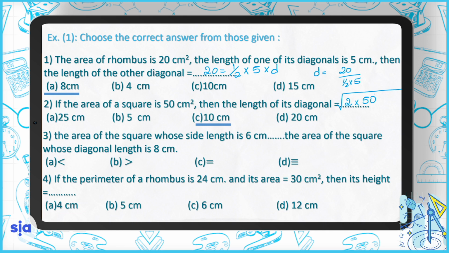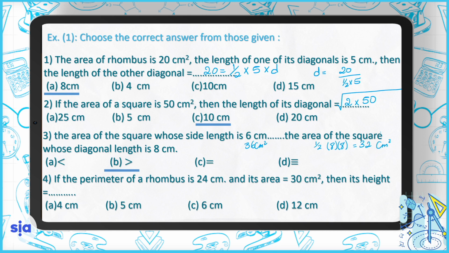So the area of the first square is 6 times 6, which is 36 centimeters squared, whereas the area of the second one is half times 8 times 8, which is 32 centimeters squared. So the area of the first square is greater than the area of the second square.